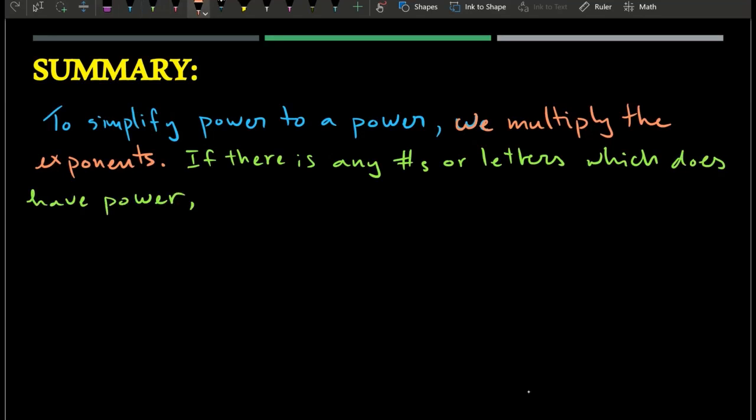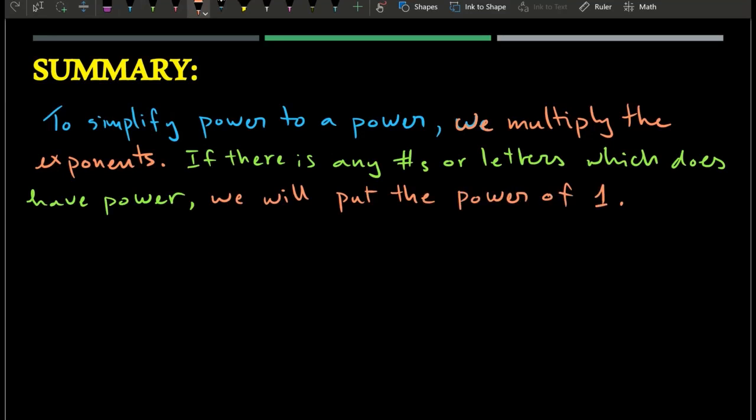We will add the power of 1. I don't like the term add. I'm gonna say put. We're gonna write the power of 1.